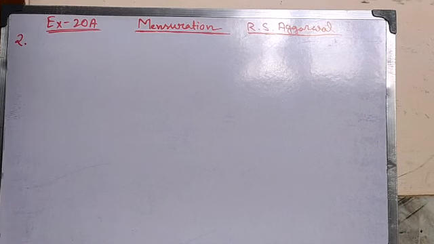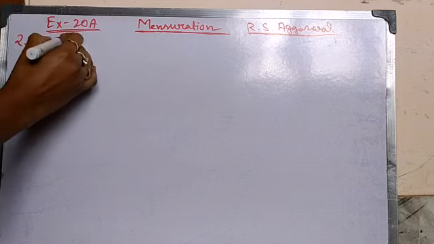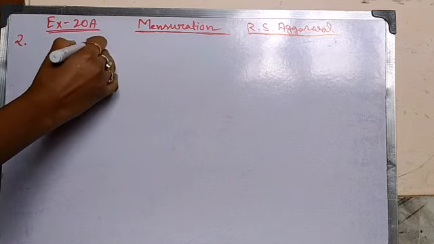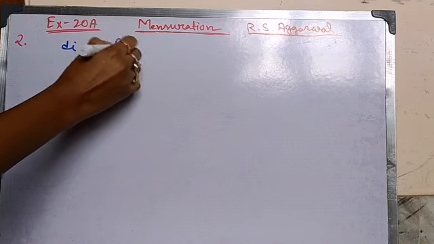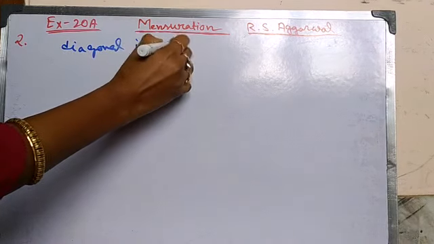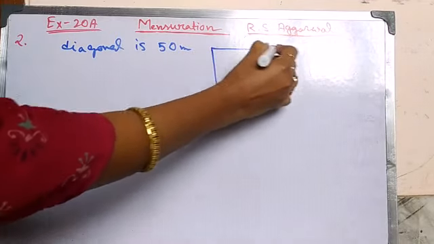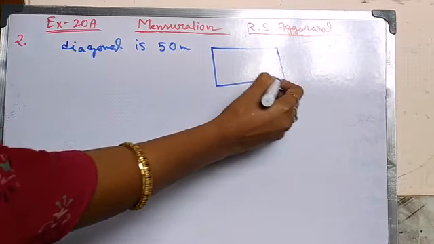Now coming to exercise 20A from R.S. Agarwal book. Question number 2. Find the area of a rectangular plot, one side of which is 48 meter and its diagonal is 50 meter. So the diagonal is 50 meter, given. Suppose this is the rectangular field.